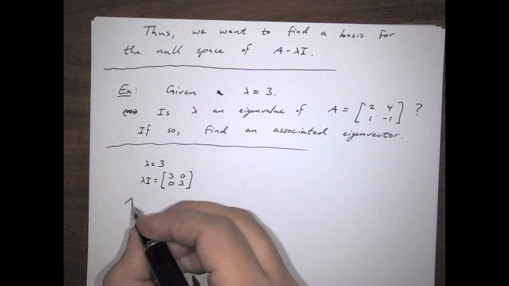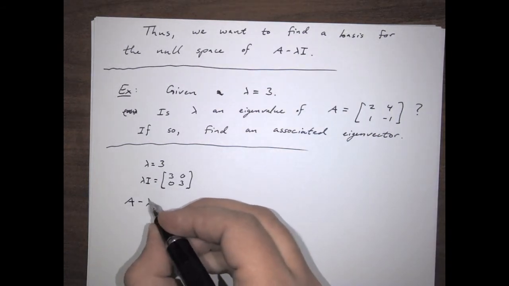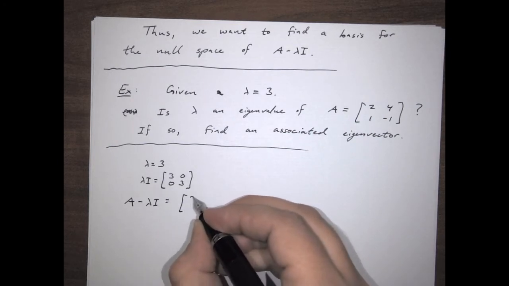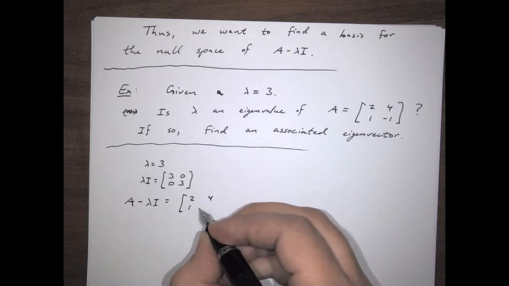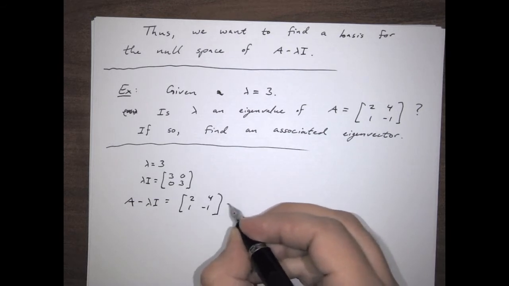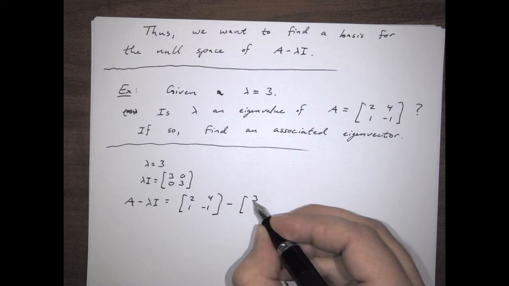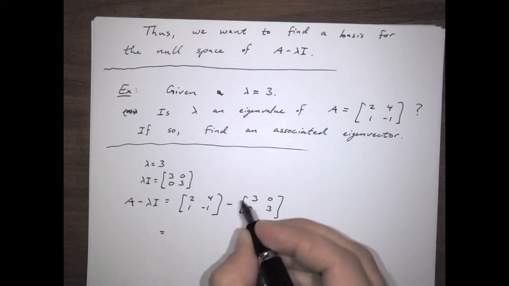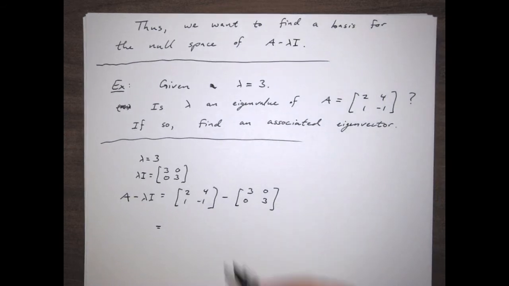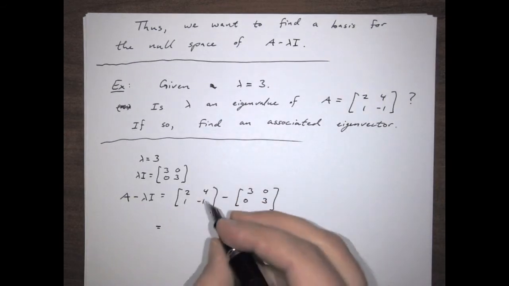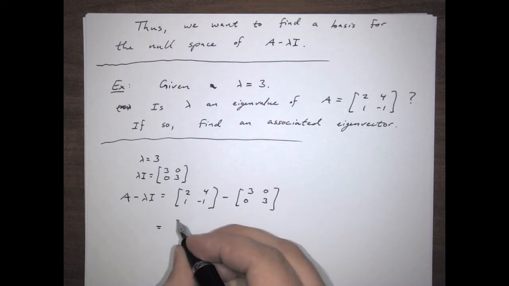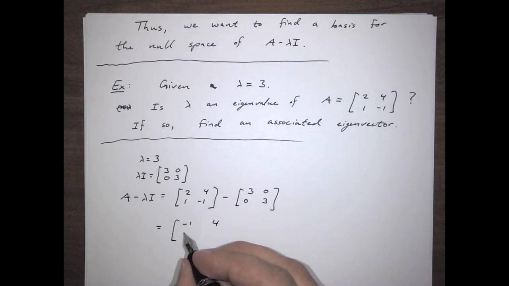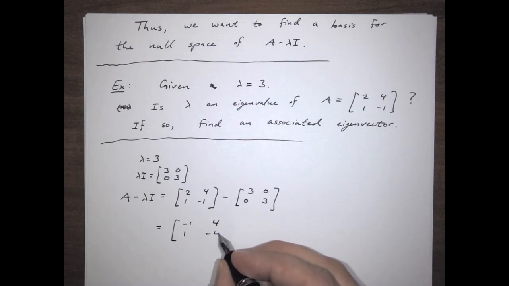So then A minus lambda I would equal 2, 4, 1, -1 minus 3, 0, 0, 3, which means we just subtract entry by entry. So then we have -1, 4, and then down here 1, -4.